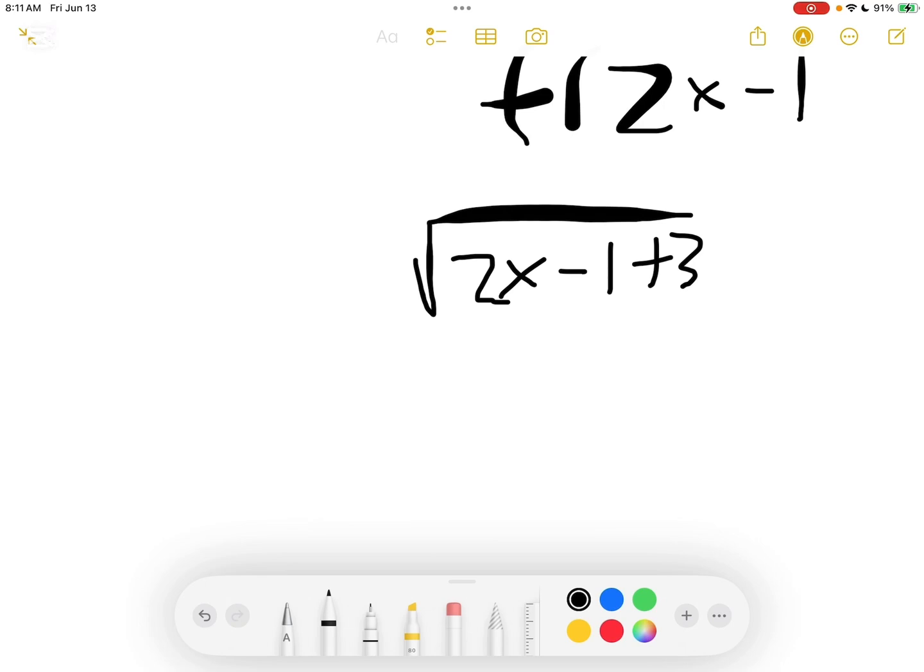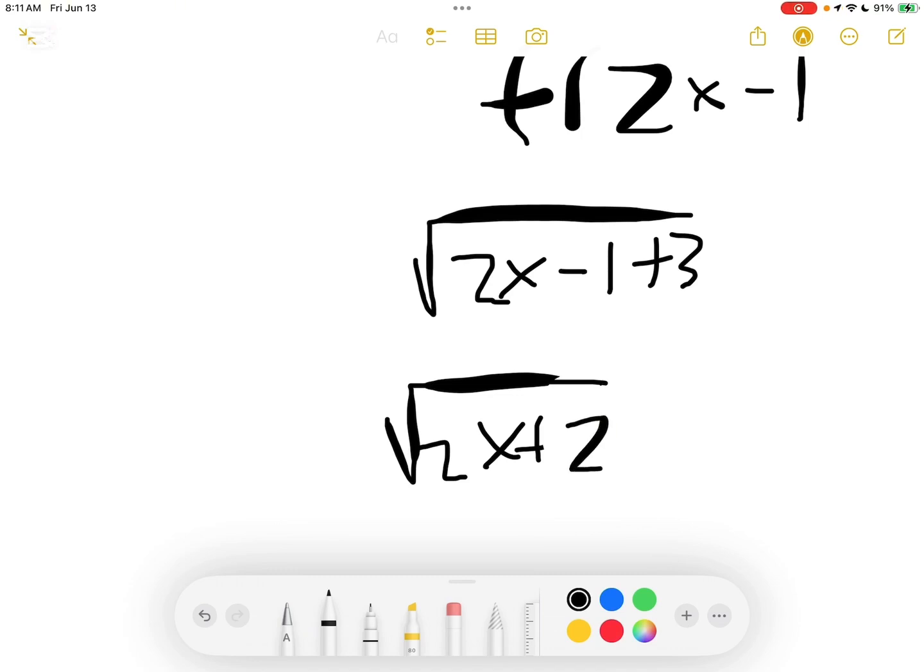We see that we still have a minus 1 and a plus 3, so we can combine those together to get a final answer of the square root of 2x plus 2. And that would be our final answer for f of g. This would be our composite function.